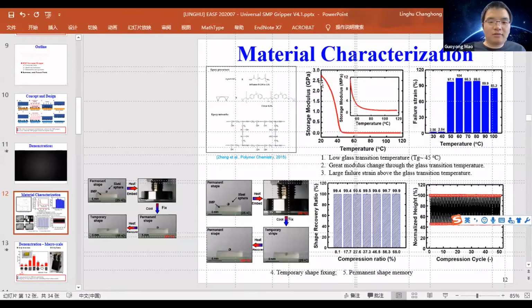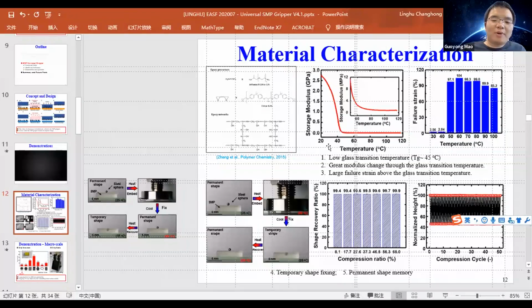The storage modulus is 2.5 gigapascal at 25 degrees centigrade. I mean the lowest one, in its soft state. In its soft state, it's less than 1 megapascal when heated to 120 degrees centigrade.